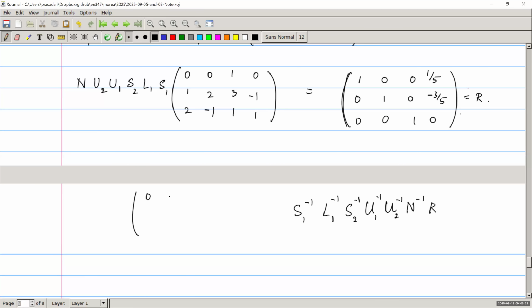And when I do that, I'm going to get back the original matrix. Right?